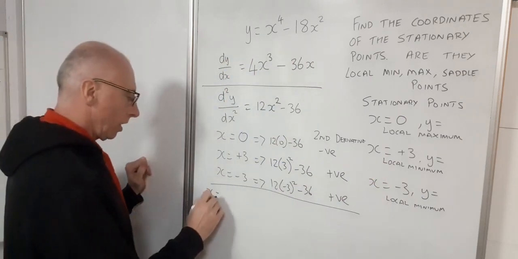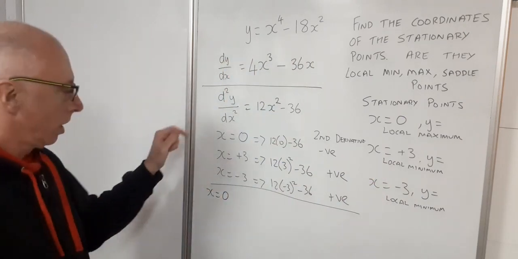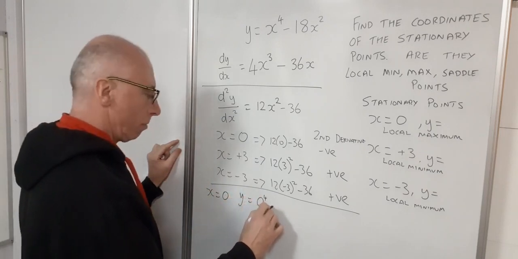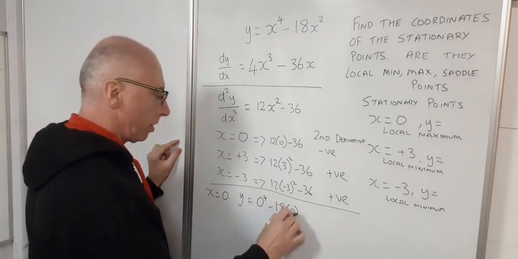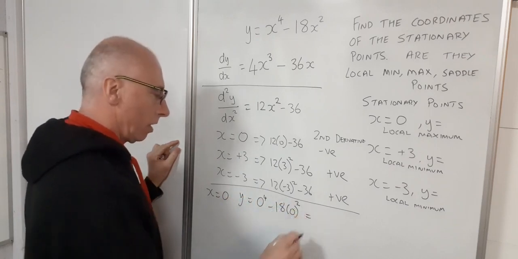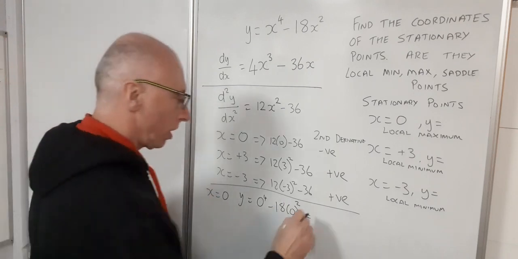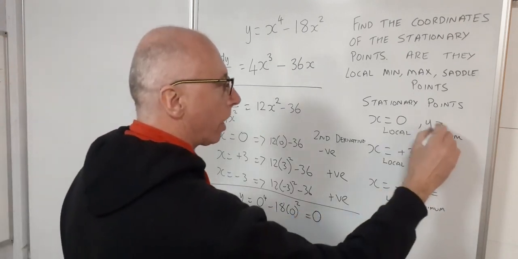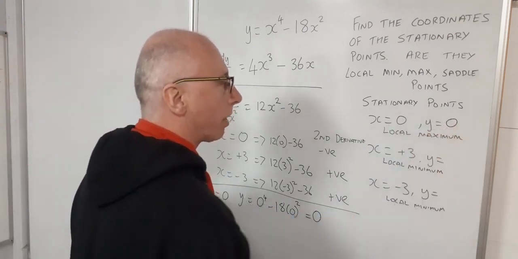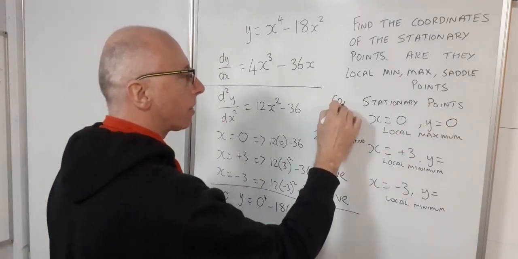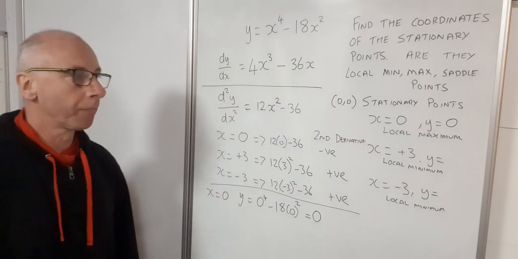So for x equals 0, I've got y equals 0 to the 4 minus 18 times 0 squared. So that is just going to give me 0 minus 0, which is just 0. So that's x equals 0, y equals 0. So therefore one coordinate of the stationary point is at (0, 0).